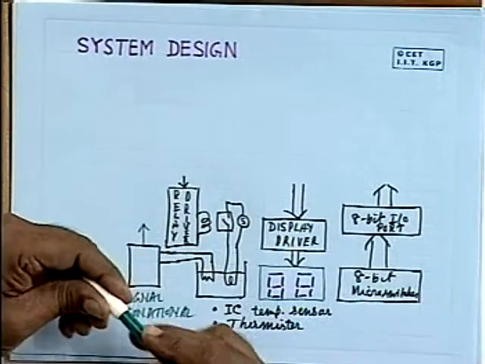Now this analog to digital conversion can be done in several ways. You have two choices. You can use one analog to digital converter. The analog to digital converters which are available in the market are a little costly.